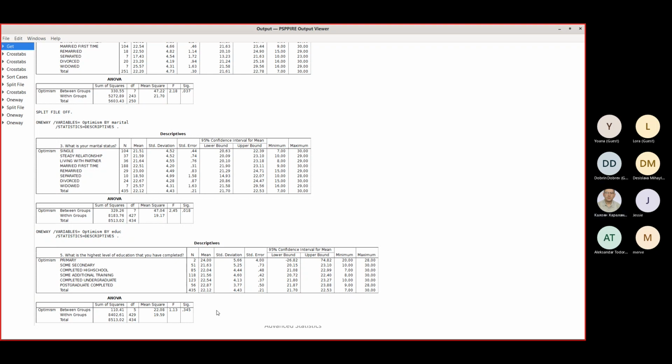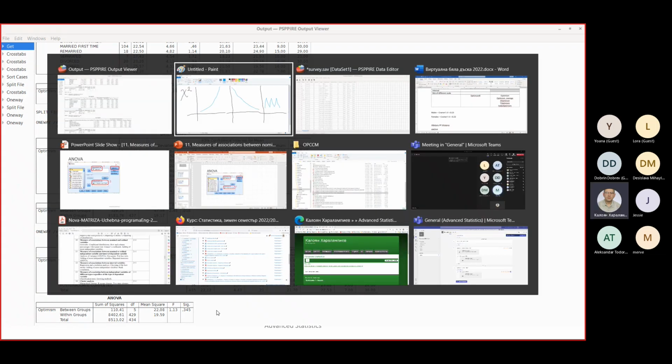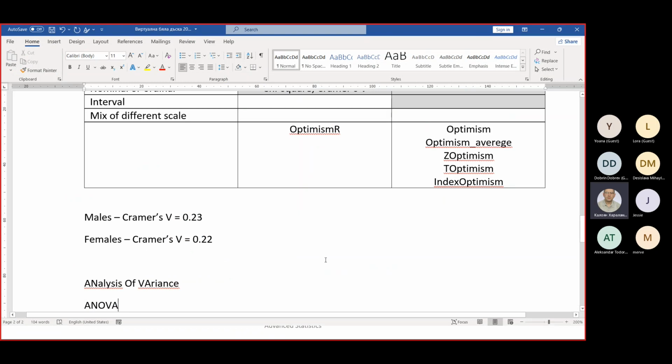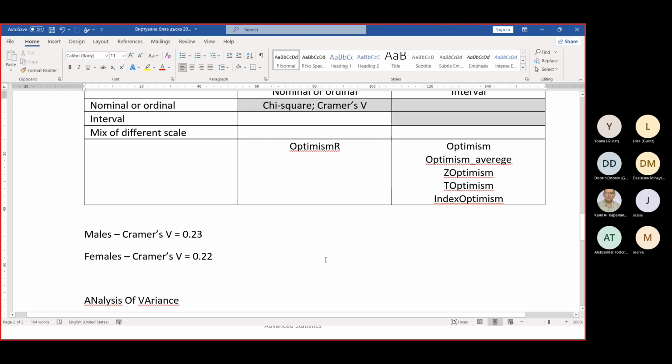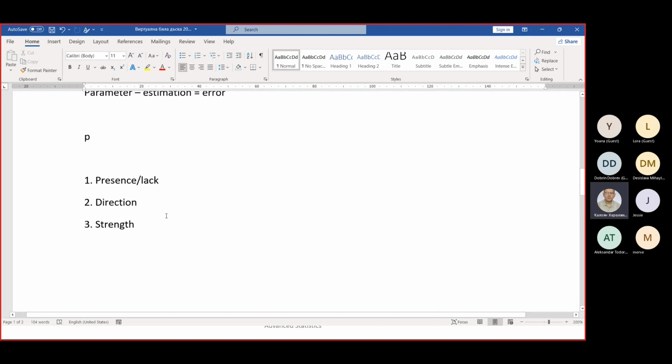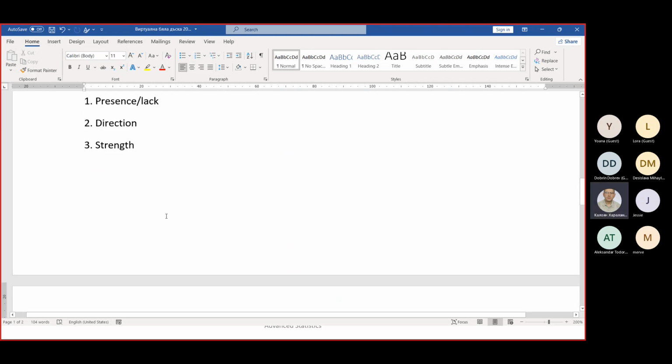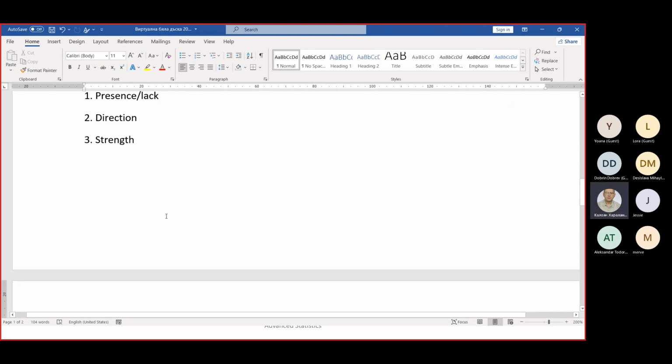So the third task is to measure the strength of a relation. And again, we will use coefficient.